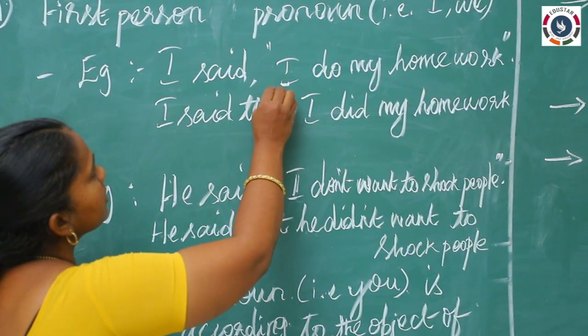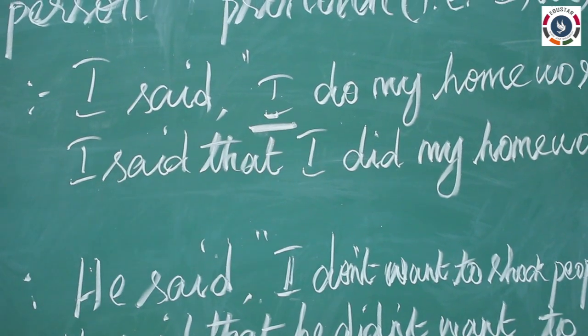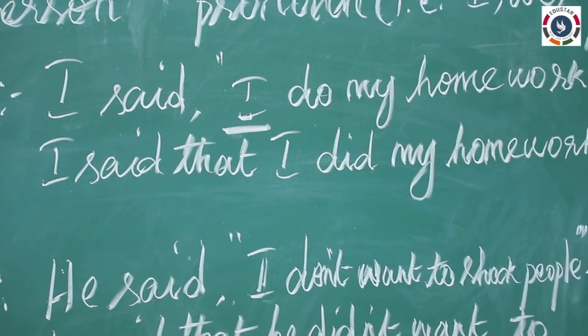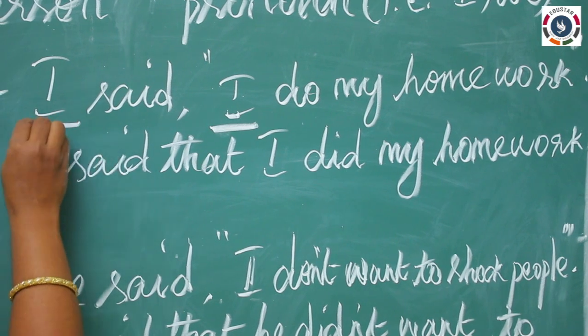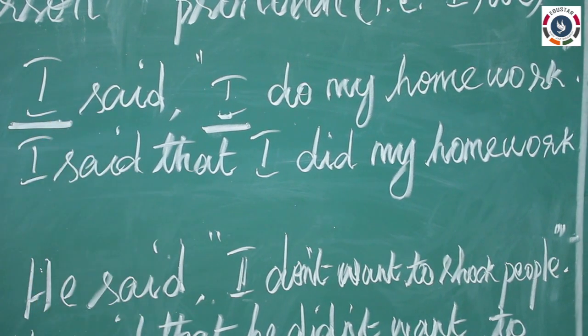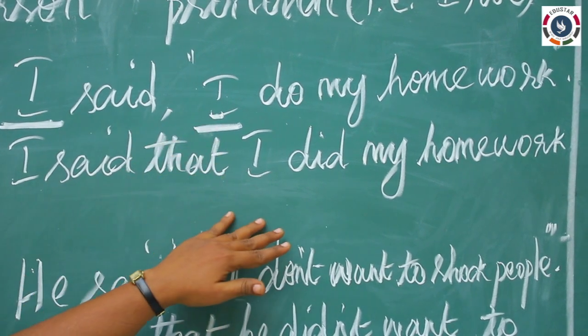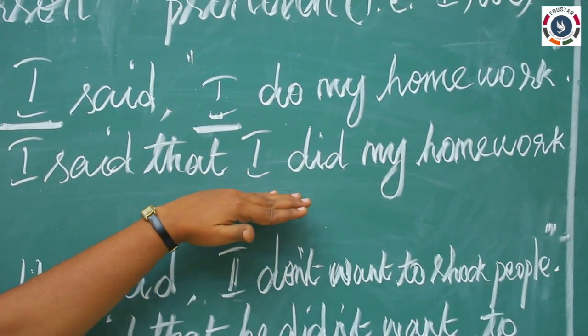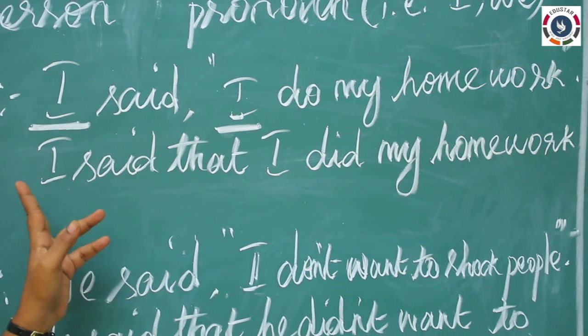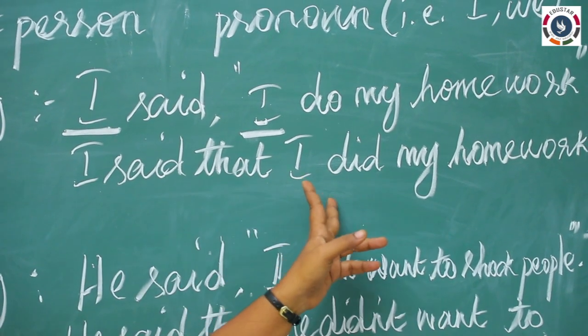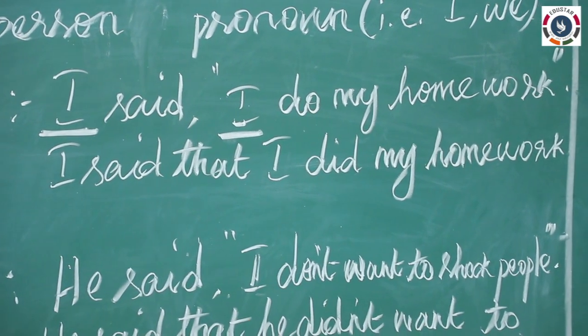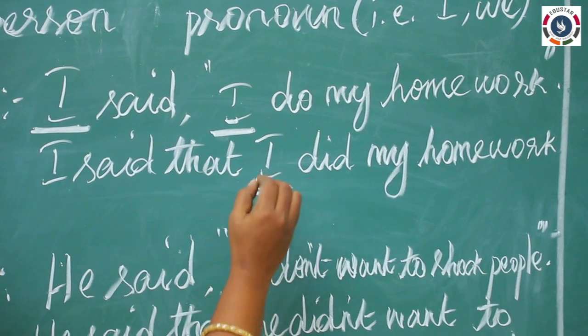Here the first person pronoun "I" is present, and you just see in the reporting clause also the same pronoun is present. So if it is like this, when you change into indirect, that pronoun will not be changed. Look at the sentence: I said that I did my homework. So here the pronoun is not changed.